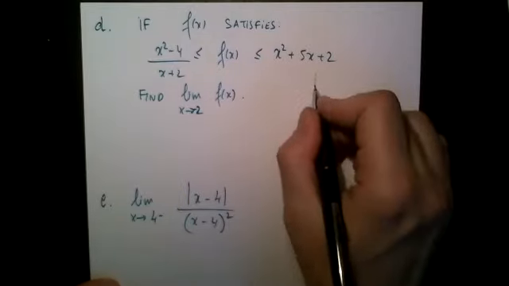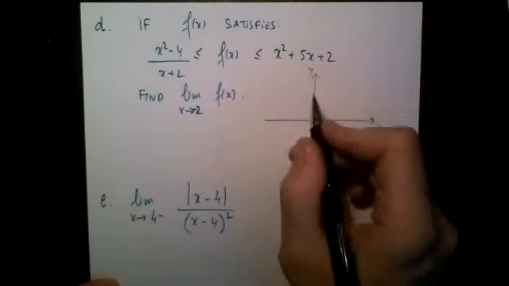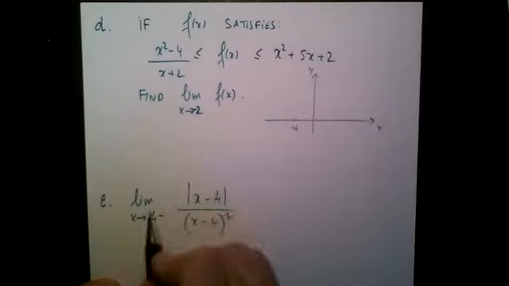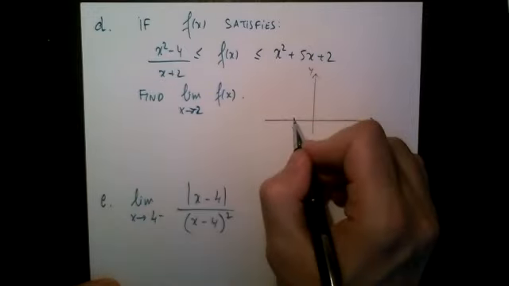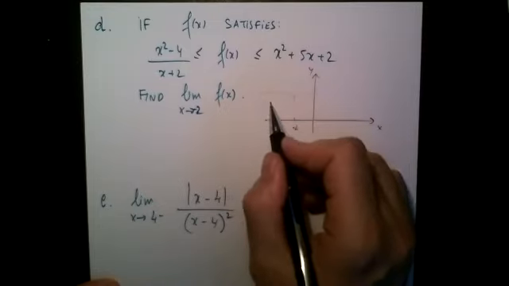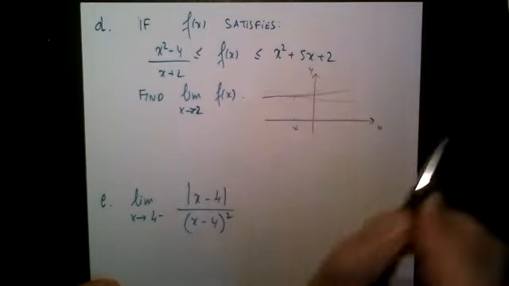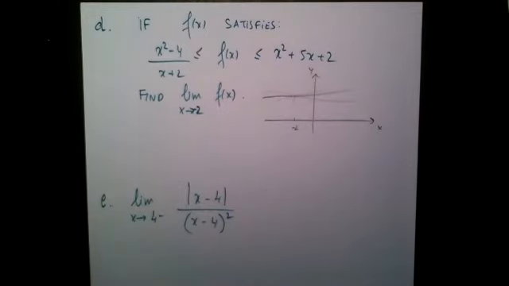I'm going to try to represent it. At minus 2, that's where I'm interested. There's a function here, another function here, and then there's f that's between both of them.